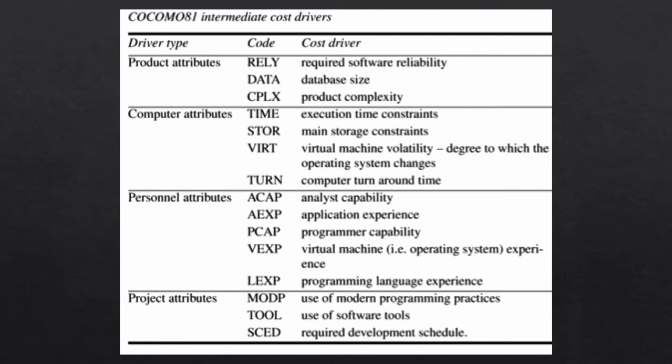Boehm, in fact, found this by itself to be a poor predictor of the effort required and so went on to develop the intermediate version of COCOMO. It took into account 15 cost drivers. In the intermediate model, a nominal effort estimate is derived in a similar way to the basic model.